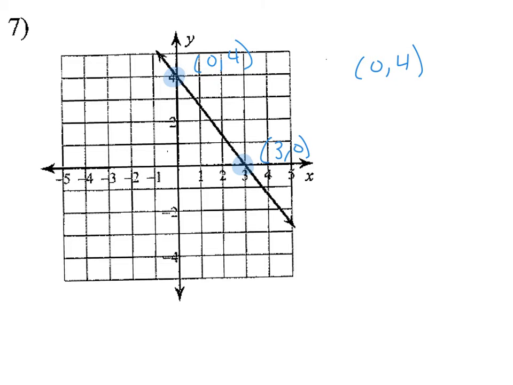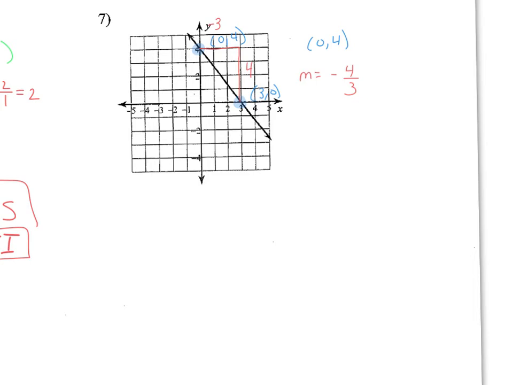All right, so now let's find our slope though. Rise over run, right? So I'm going to rise 4. I'm running backwards 3, so it's a negative 3. So my slope is negative 4 thirds. Okay, so now y minus 4 equals negative 4 thirds x minus your x value of 0.